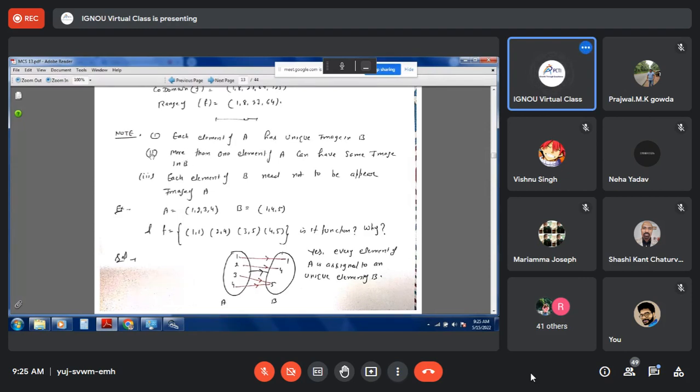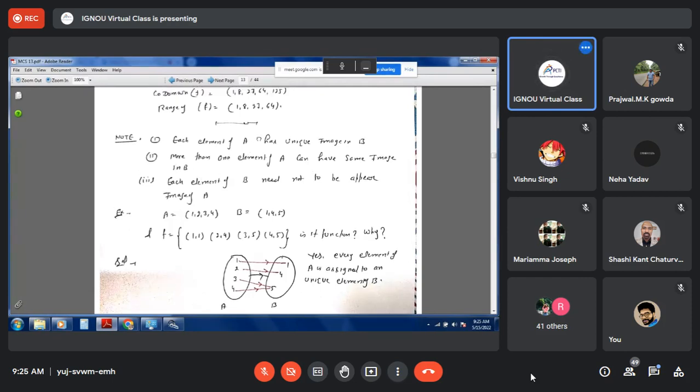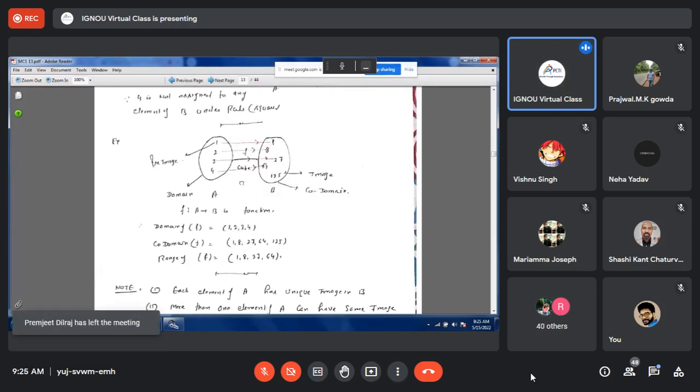See, it is a new property. More than one element of A can have the same image in B. Just as I told you, 1 is assigned to 1, 1 cannot be assigned to 8.